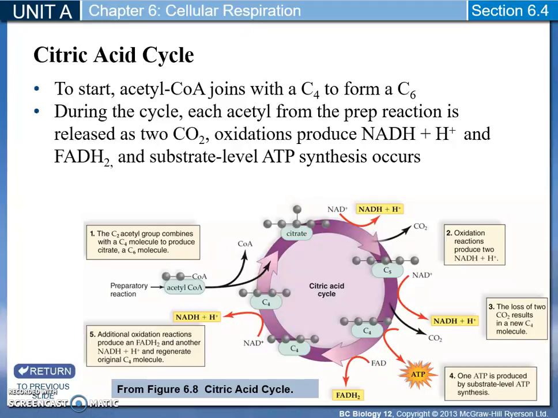At the end of the cycle, the 4-carbon molecule reemerges and is able to once again accept another acetyl coenzyme A, which causes the cycle to take place again. This is a very good summary of most of the things that take place here, in phase 3, the citric acid cycle.